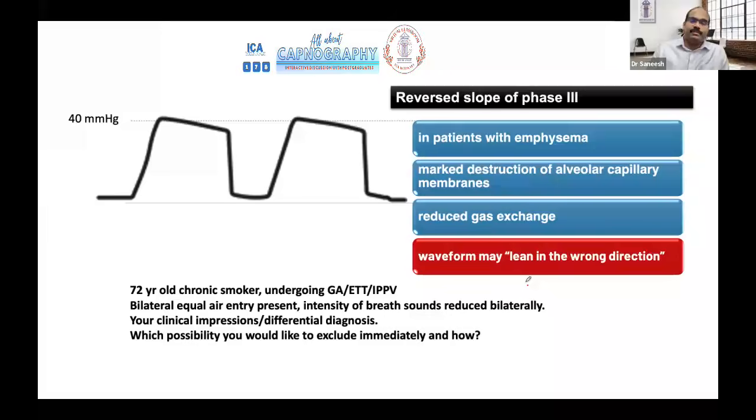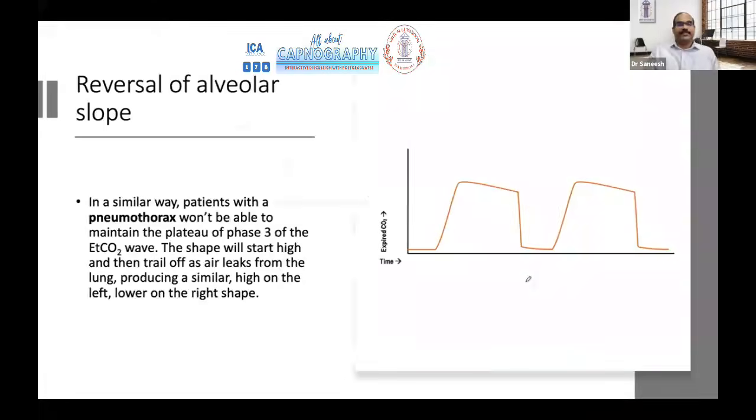And then if you have a suspicion of a pneumothorax, you can look for that. Or if you can have a lung ultrasound, do a lung ultrasound and check for this bullae rupture. And then if you can institute bronchodilator therapy, you can relieve the expiratory flow limitation, and the slope of phase 3 can lean more towards the normal direction.